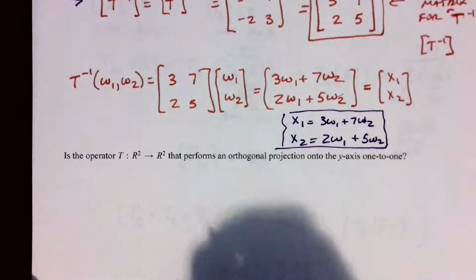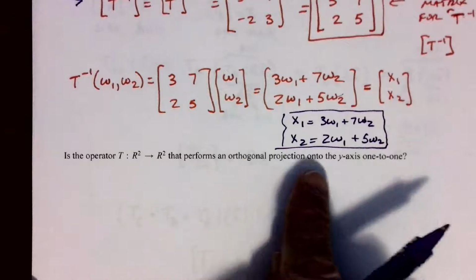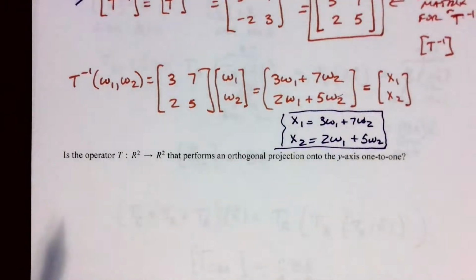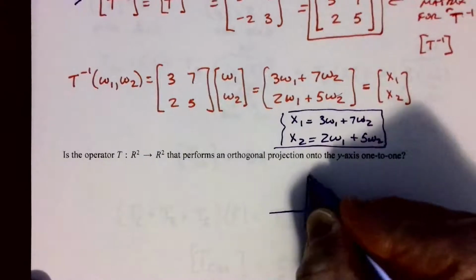Now, last question, is the operator from R2 that performs an orthogonal projection onto the y-axis 1 to 1? Well, before we do anything, let's just think about that. Is it 1 to 1? Right, an orthogonal projection onto the y-axis, right? So here's our y-axis here.